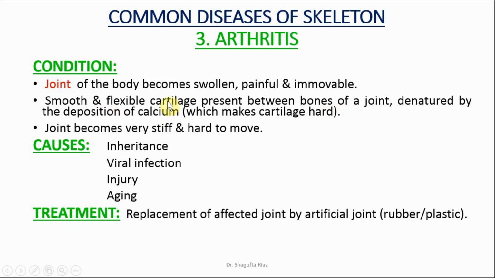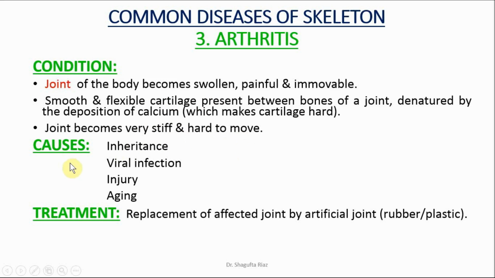So, when these flexible, smooth cartilages present between the bones of a joint are denatured by the deposition of calcium, they become hard. These cartilages are smooth, flexible and soft, but when calcium is deposited on them, it will make that cartilage hard, and because of that, the joint becomes very stiff and hard to move.